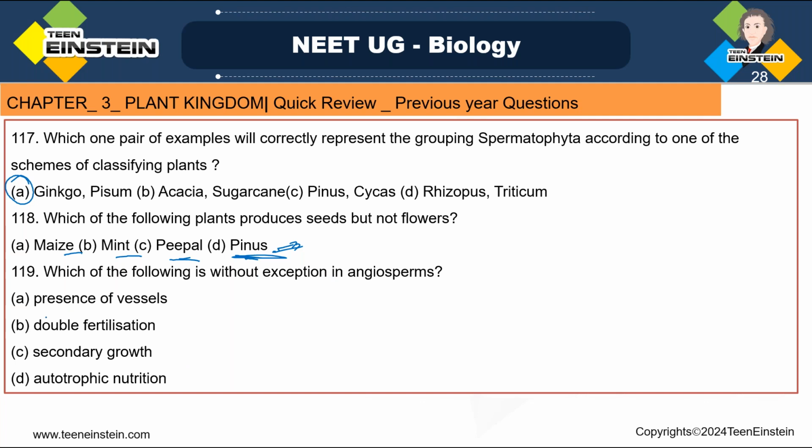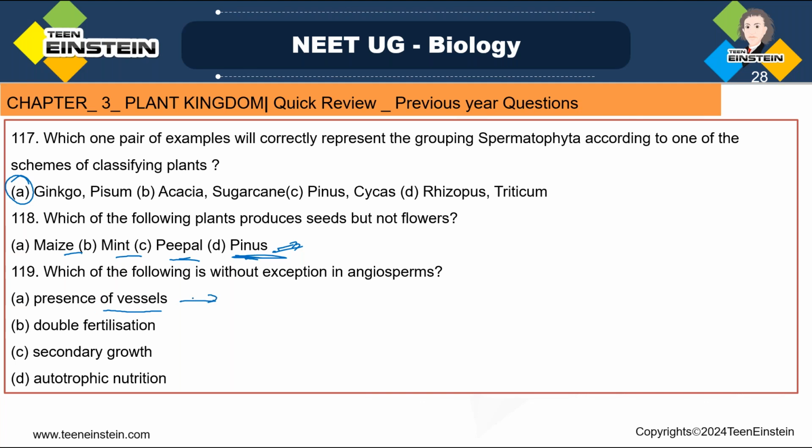Here vesselless angiosperms exist, for example Winteraceae like Drimys, Trochodendron, so exceptions to the presence of vessels are there.